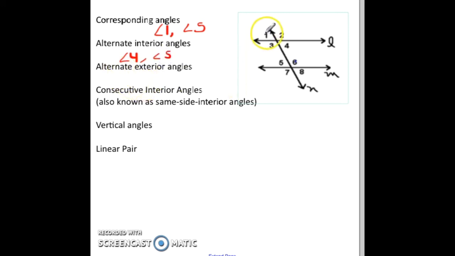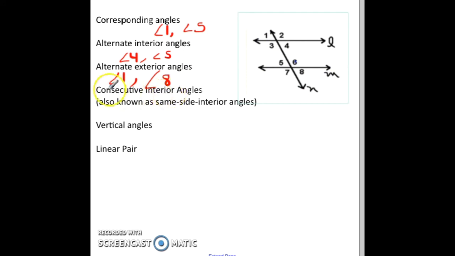Now alternate exterior are 1 and 8 and 2 and 7. Alternate exterior is what it sounds like. Exterior, outside of the lines. Alternate sides of the transversal, so 1 and 8, 2 and 7.